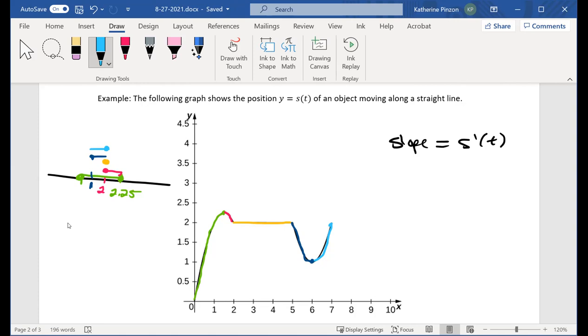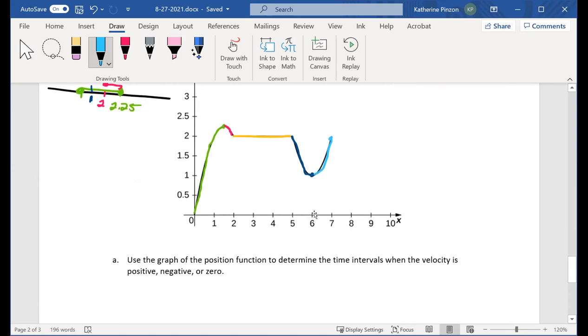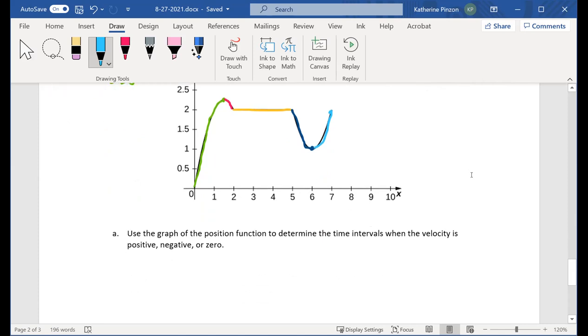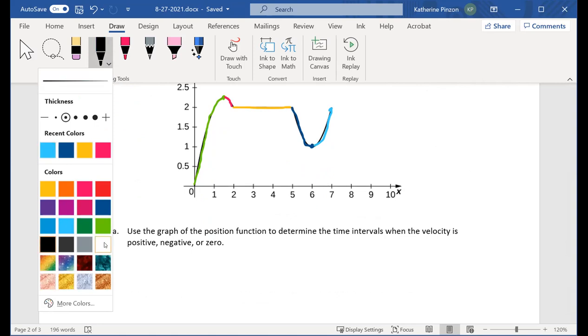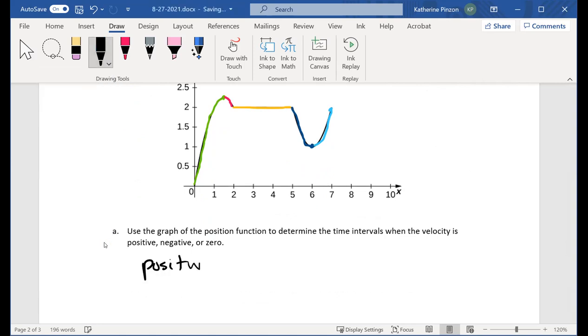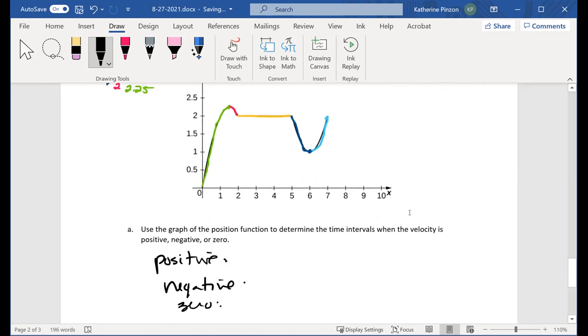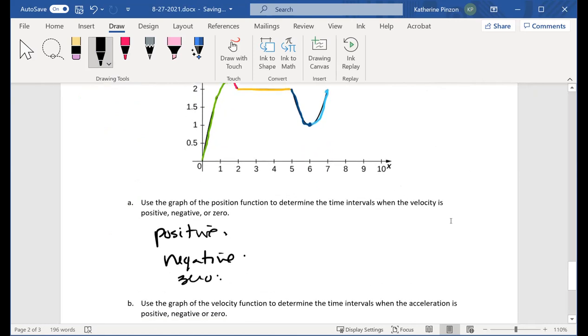Okay, let's try to answer some questions now. Use this graph to determine the time intervals when the velocity is positive, negative, or zero. Make it a little bit smaller so I can see the picture and my words at the same time.